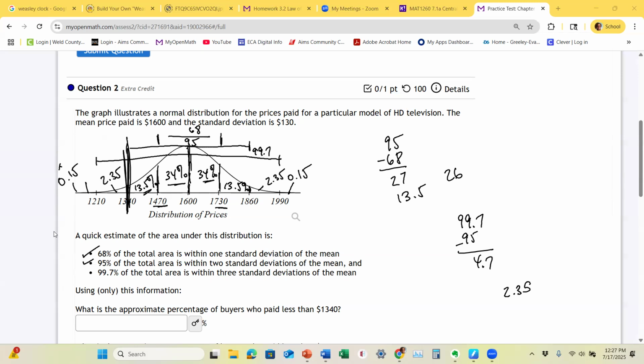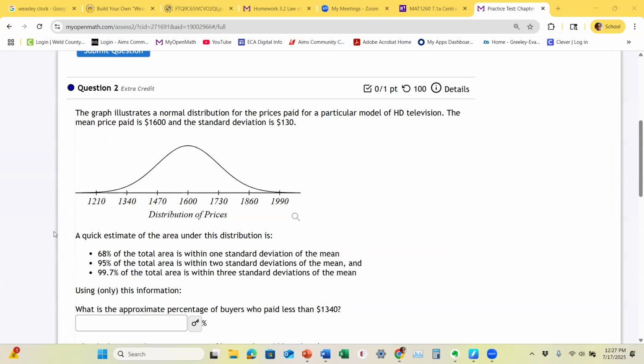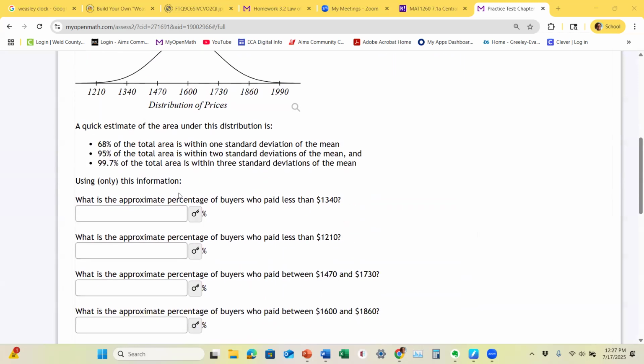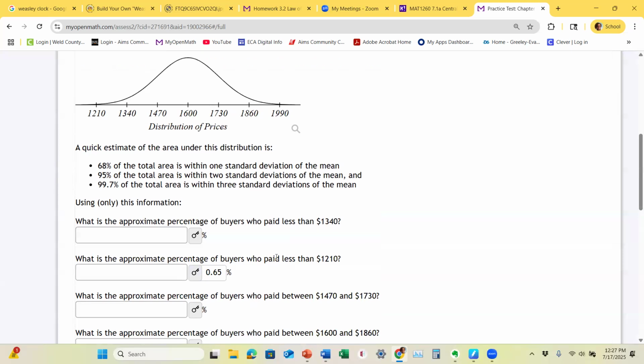Am I wrong? Because I kept answering 0.15 and it kept telling me it was wrong.